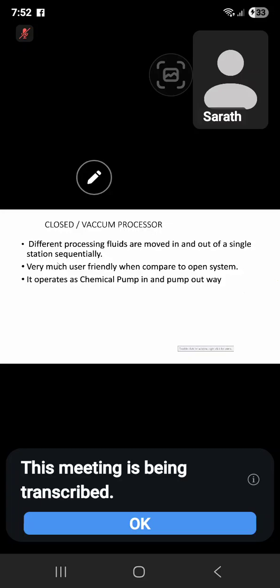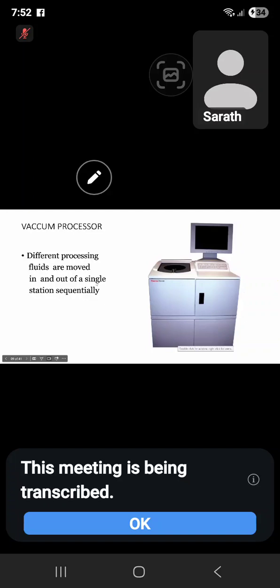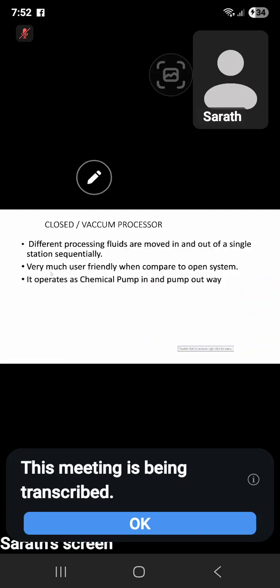Tissues are kept in the same place. Fluids move in and move out. Fluids are pumped in and pumped out. The first solution is pumped in, and after a certain time period, it transfers to the next one, right? So in the closed system, the tissue cassettes are kept in a constant, stationary place, and the fluids are transferring from one to the next.